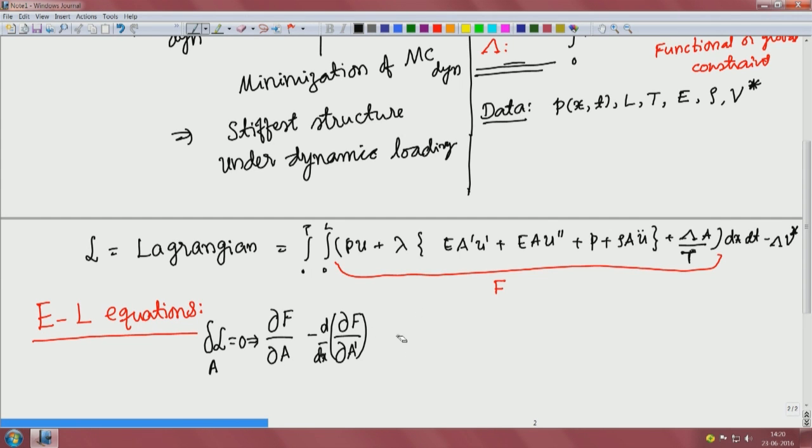Instead we have time, so we have d by dt of dou f by dou A dot, that is also not there, so it does not matter. A has only A and A prime. So, that is all we would have, and we equate it to 0. That gives us what we call the design equation.